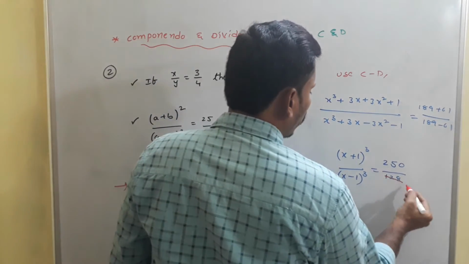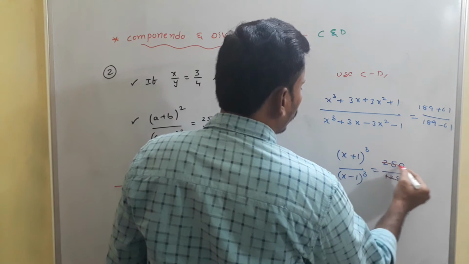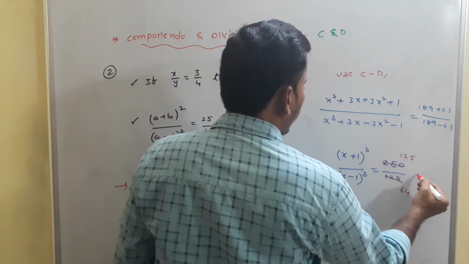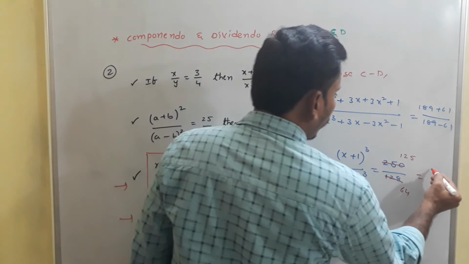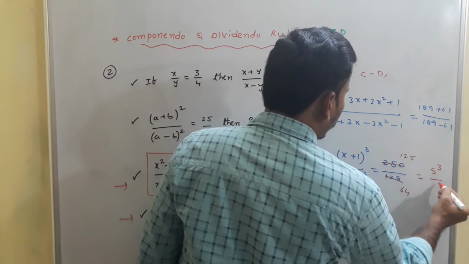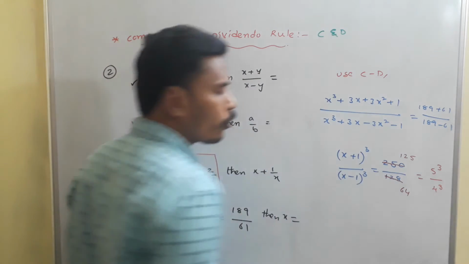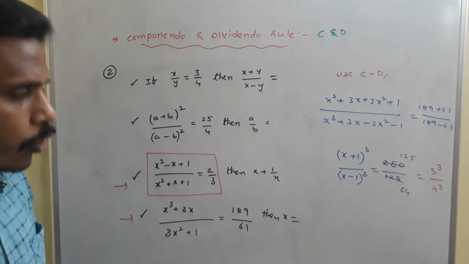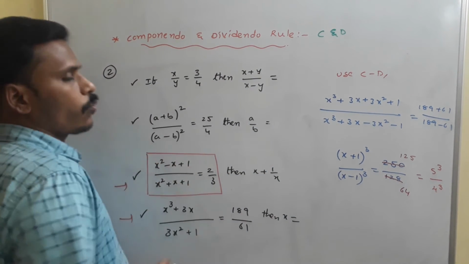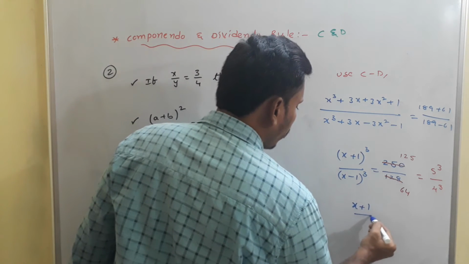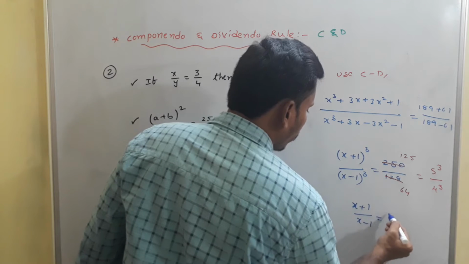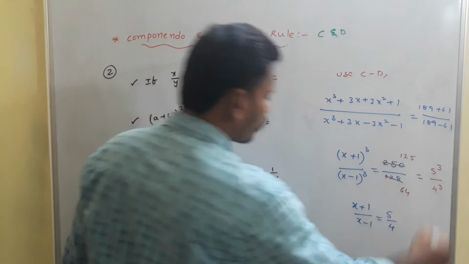When you cancel with 2, 64 and 2, 125, this is 125 by 64. 125 is 5 cube, whereas 64 is 4 cube. When you cancel out the cube on both sides, just like cancelling the square for the second problem, you will get (x plus 1) by (x minus 1) is equal to 5 by 4.